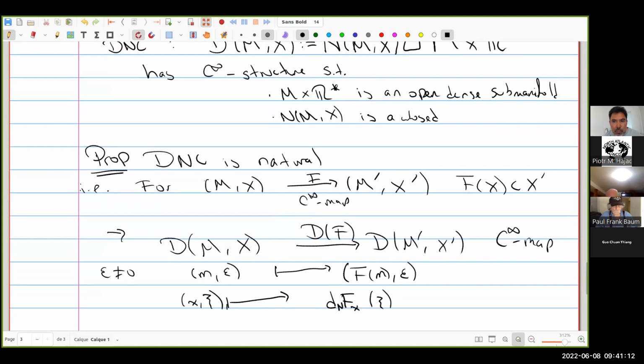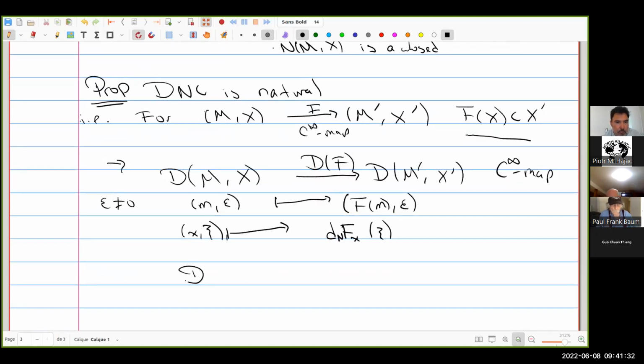This is well defined because f of X is included in X prime. So the differential between the tangent bundles passes to the quotient and gives a differential in the normal direction. This is functorial, meaning that if you compute this for two maps, you have good composition properties.